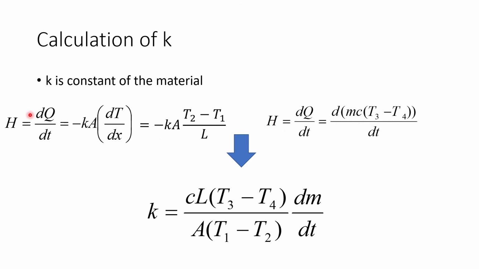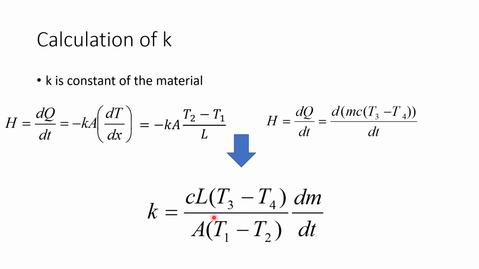If you equate these two heats, you can find K by dividing everything by these multipliers onto this side. Then if you measure the mass that changes over time here, you can calculate dm by dt from the slope. And if you wait until the temperature reaches thermal stability, thermal equilibrium, then you can get constant T3, T4, T1, T2, measure all this, and put it here.